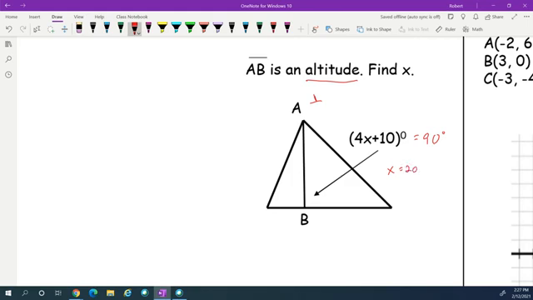They didn't show us the little right angle box. They didn't tell us that they're perpendicular, but they told us it's an altitude. An altitude must be perpendicular. Perpendicular means it's a right angle. Right angle means it measures 90. There are multiple definitions being used here, and we have to know all of them.